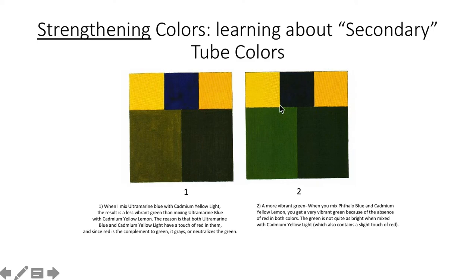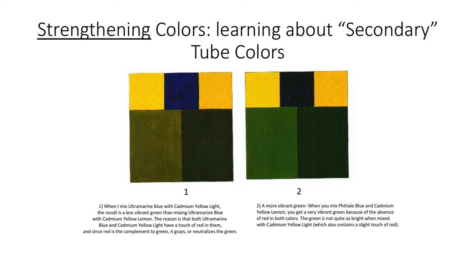Over here, a more vibrant option is when you mix a phthalo blue and a cadmium yellow lemon. You get a very vibrant green because of the absence of red in both colors.